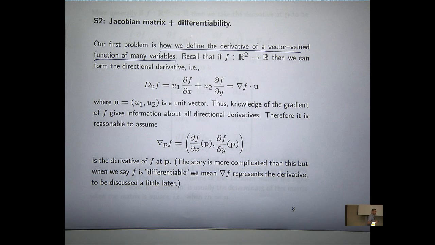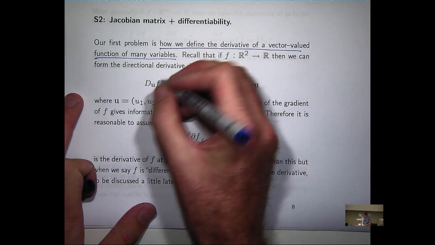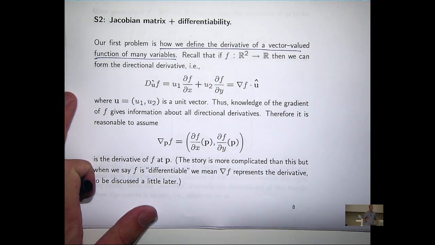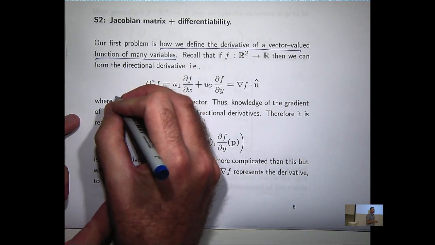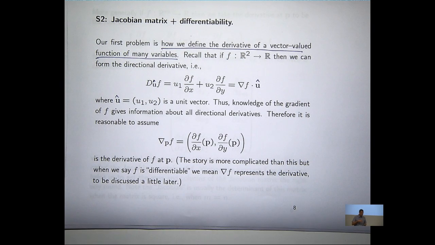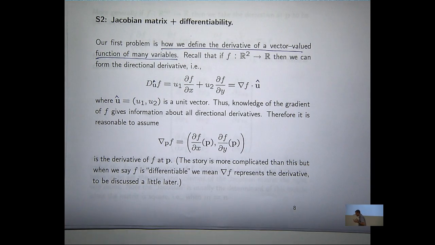Now, in section 3, we looked at a directional derivative where u is some unit vector. And in particular, from this, we see that knowledge of the gradient of f gives us information about all the directional derivatives.